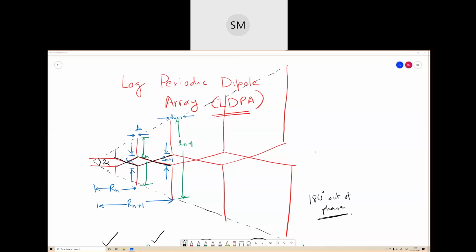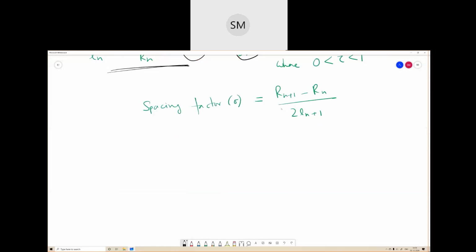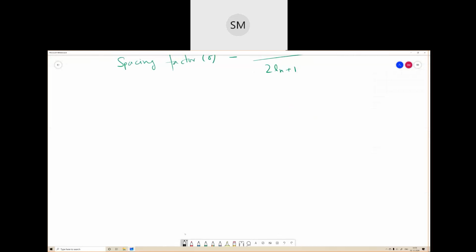Okay. Now let us assume a mid-range frequency. Let me draw it. It might not be up to the scale, but you know that this is smaller.